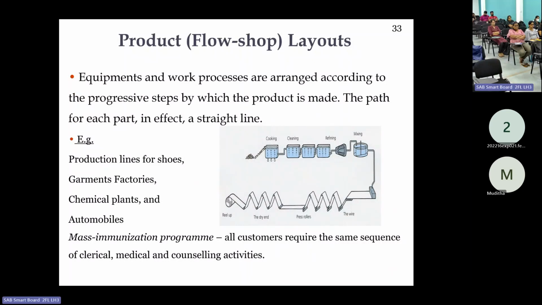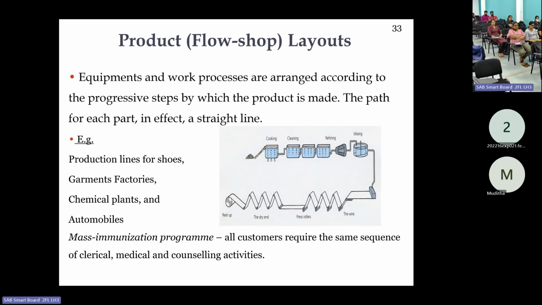So in many production contexts, like shoes, garment factories, chemical plants, automobiles, cement manufacturing, oil refineries, and many other situations, we see product-oriented layouts being used.